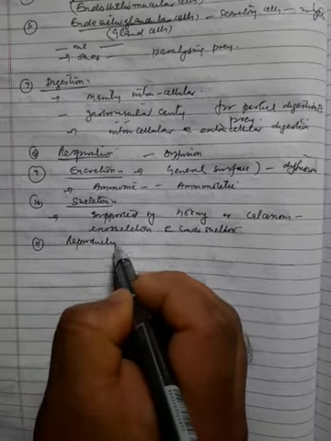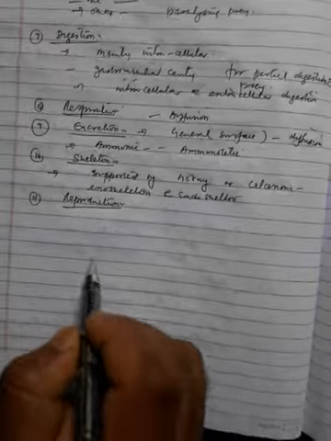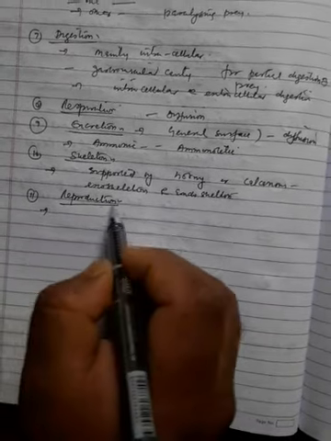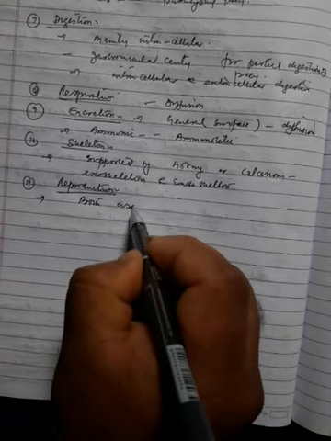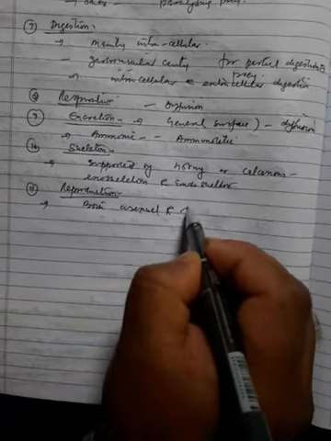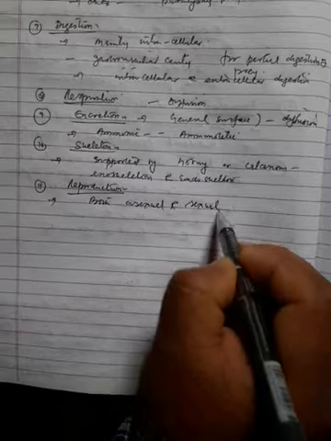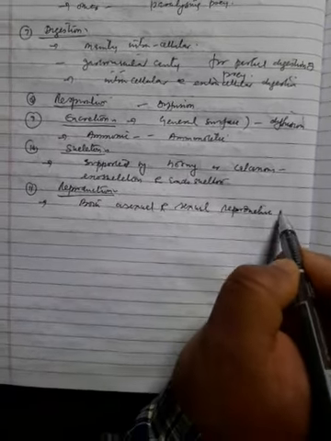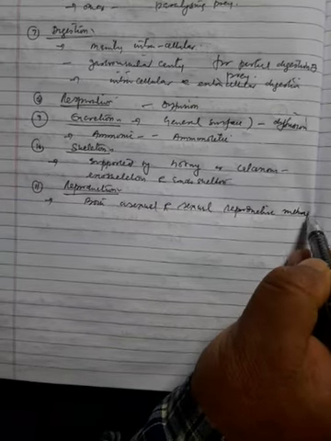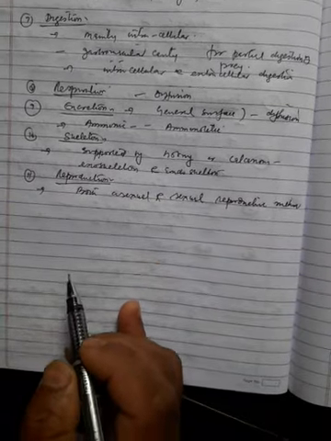Now comes the reproduction. So far as the reproduction is concerned, we see both asexual and sexual reproductive methods are present. That means they reproduce both sexually as well as asexually.